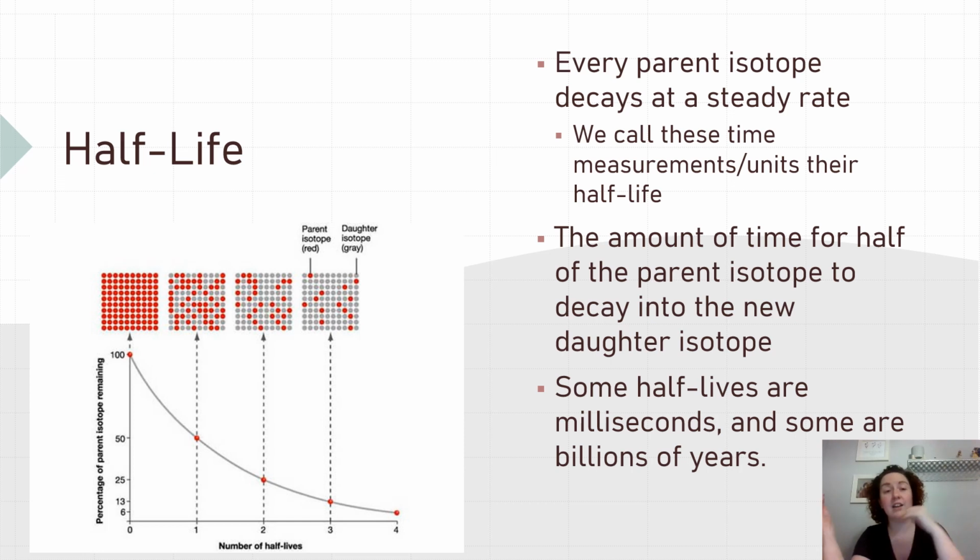Then the next half-life, you have another 50%, or you're left with 25% of the parent isotope, and 75% of the daughter isotope now exists. And it keeps going on, to where eventually you hit an exponential rate where it never 100% turns into the full complete daughter isotope. That's just what's up, okay?